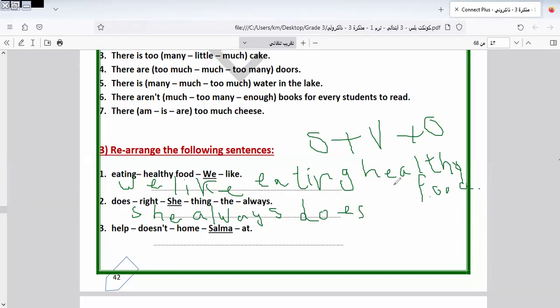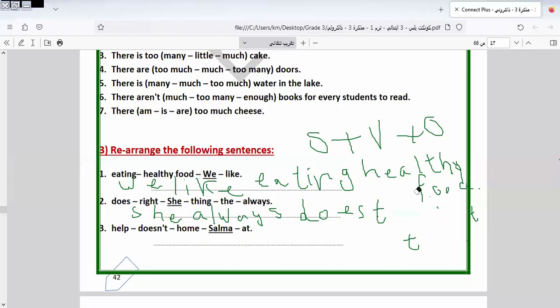She always does the right thing. And I put a full stop at the end of the sentence. I will leave the rest to do by yourself.